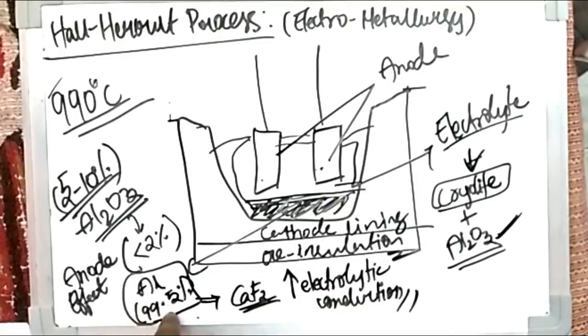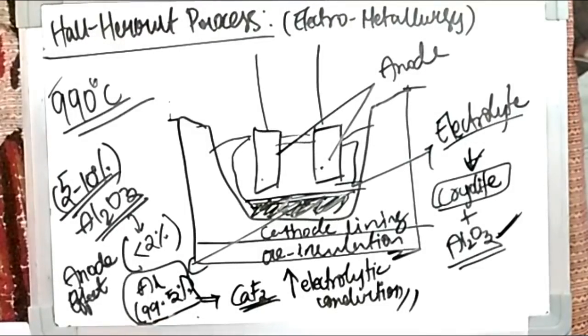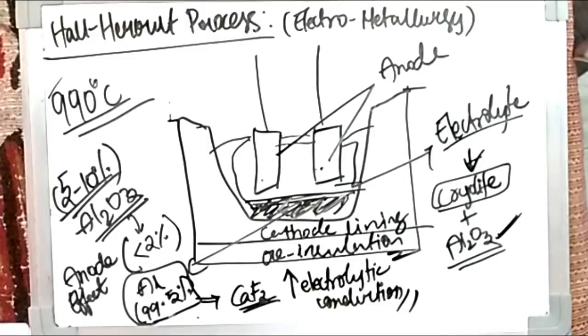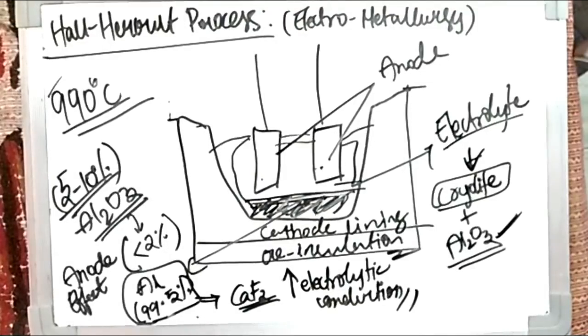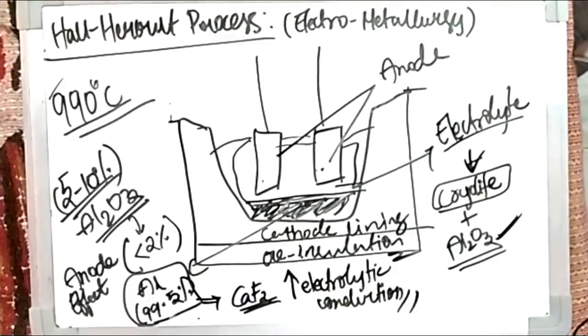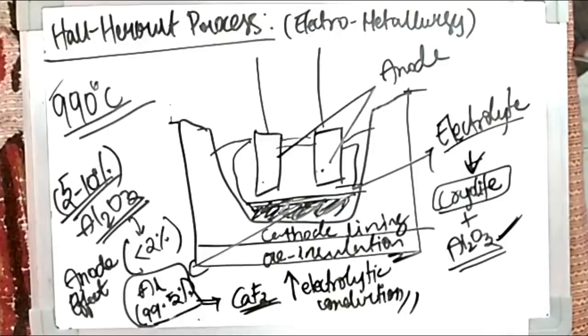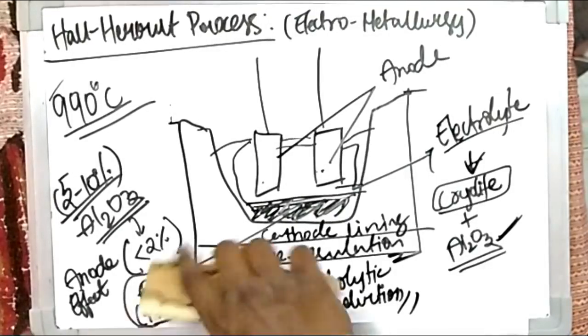But this 99.5 percent purity is not sufficient for electrical applications. That is why it should be further refined to 99.99%. So after the Hall-Héroult process, we do electrolytic refining of this aluminum, known as the Hoope's process or three-layer process. Now we'll discuss the Hoope's process.